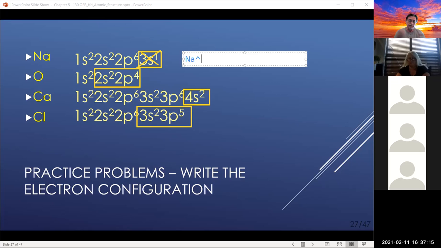What is my net charge? 11 positives, 10 negatives. It's a positive charge, positive 1. So by losing that 1 electron, I have created what's called an ion.